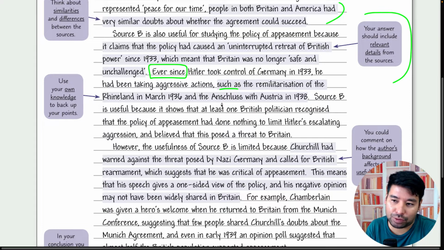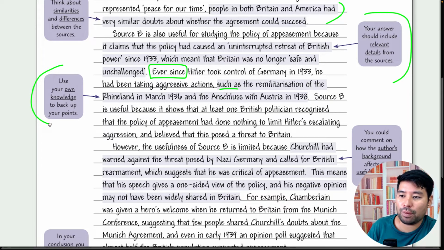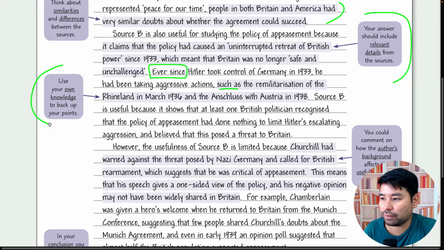This is interesting too. Again, what is the note that we have here? Use your own knowledge to back up your points. I mean, your own knowledge means the research that you made by yourself, information not from the book.